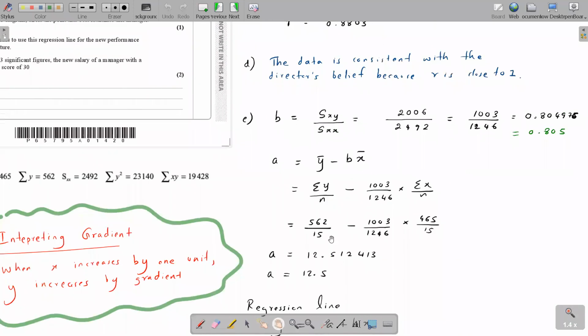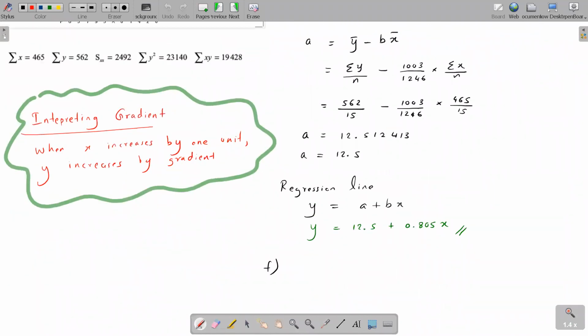So what happens when x increases by 1 unit? How do you say it here? When your performance score increases by 1 unit, the salary increases by... You have to use the proper word here.